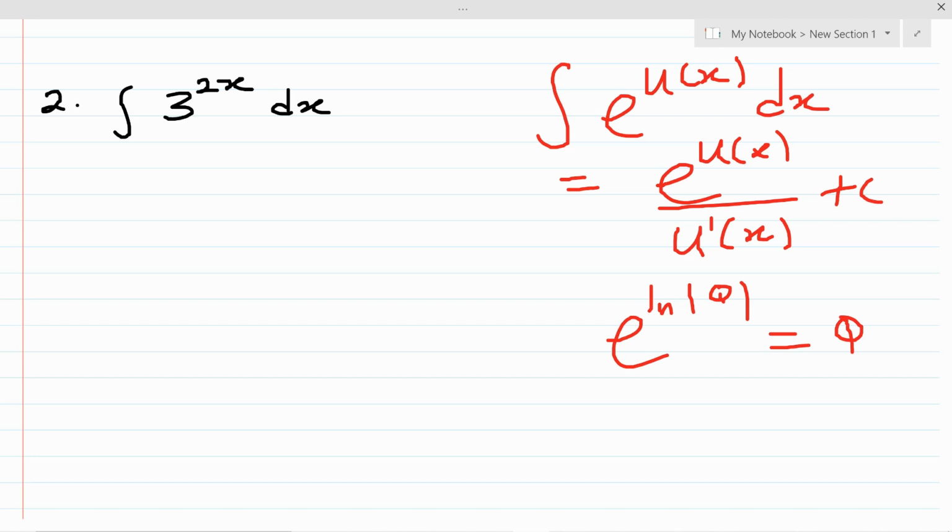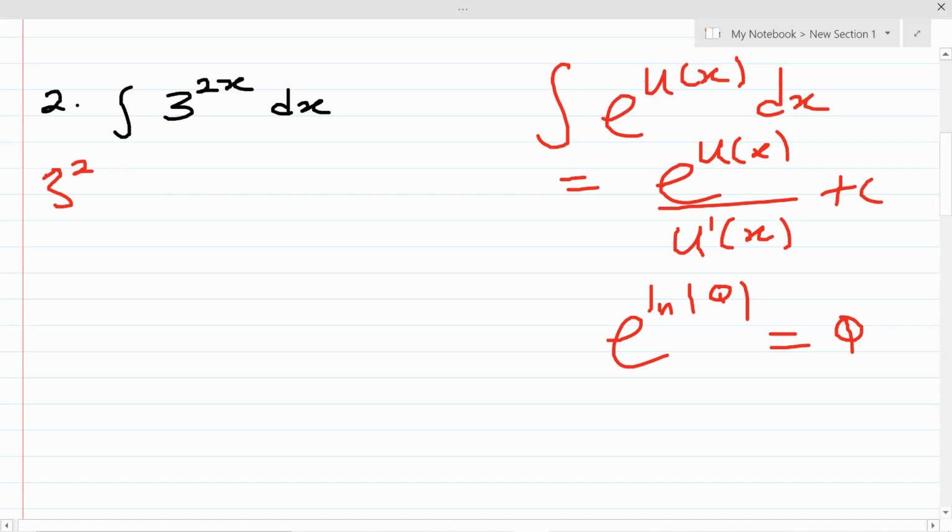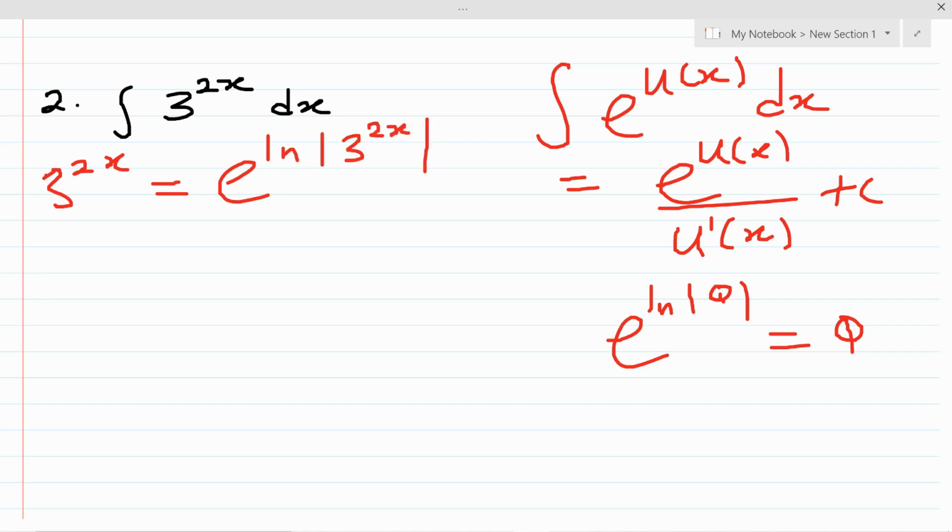So if I want to transform this 3 to the 2x into e, I know how to go about it. 3 to the power 2x is the same as e to the power ln of 3 to the 2x. I hope this is cool, right?